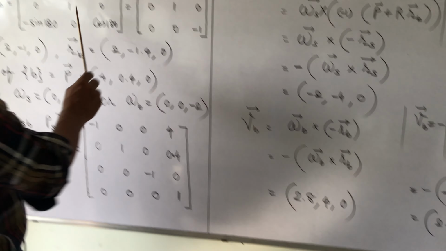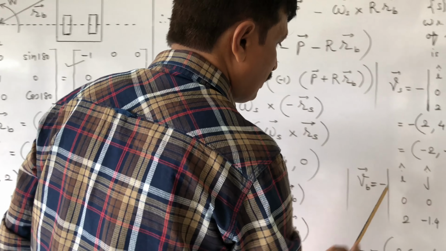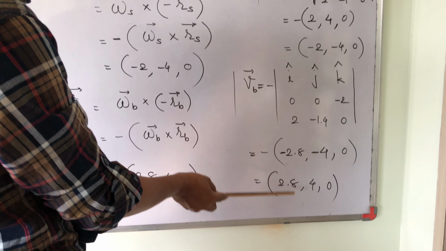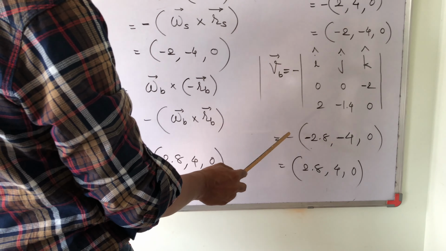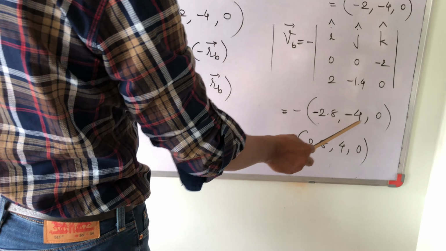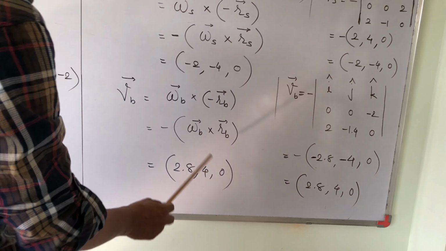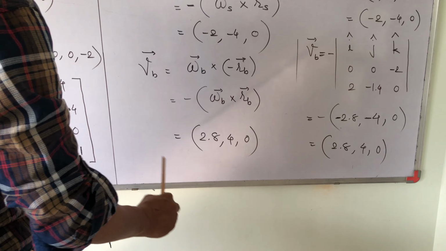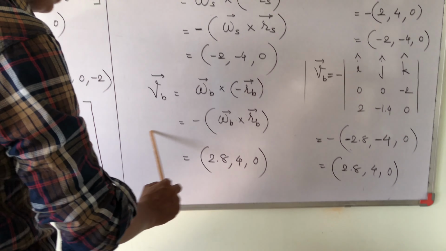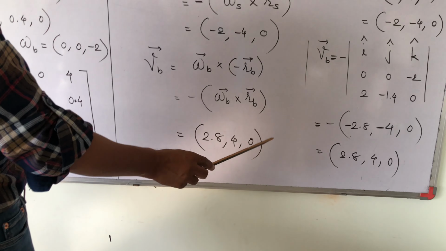RB, this vector 2, minus 1.4, 0. If you take the cross product here, you can verify yourself. Minus sign is here already, and this one is minus 2.8, minus 4, 0. So plus 2.8, 4, 0. This is the body frame velocity, linear velocity of the body's origin in B frame, 2.8, 4, 0.